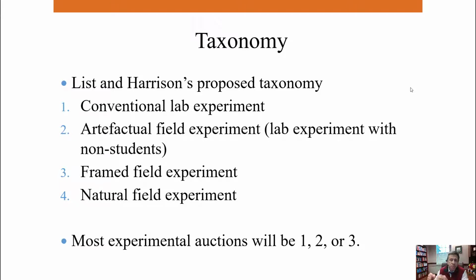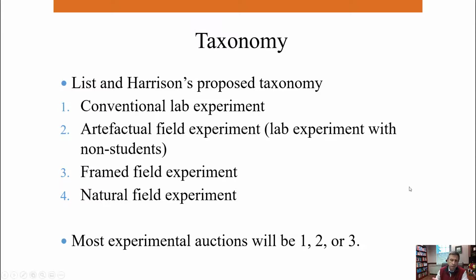Now, most experimental auctions would be in cases 1, 2, or 3. You could have some perhaps natural ones in actual auction houses, for example, where people don't know they're being part of an experiment, but of the ones that I know of, they're all 1, 2, or 3.